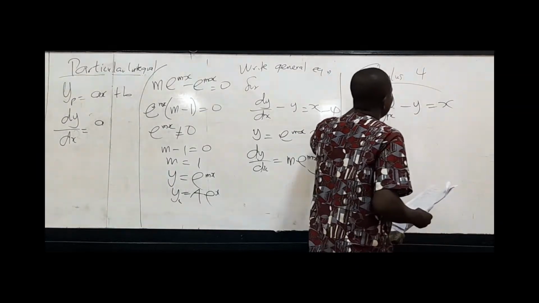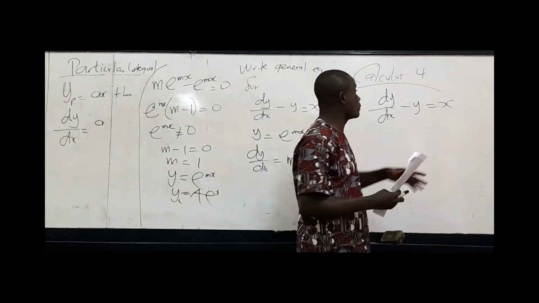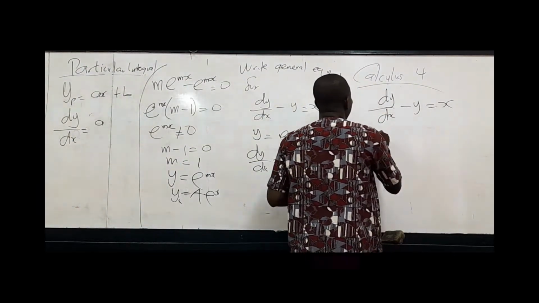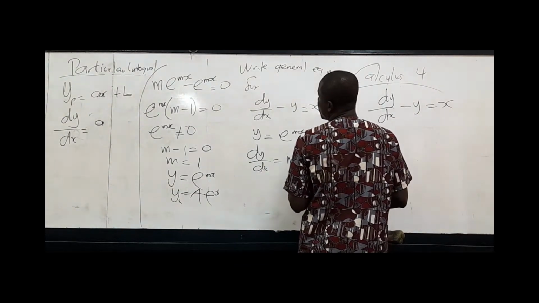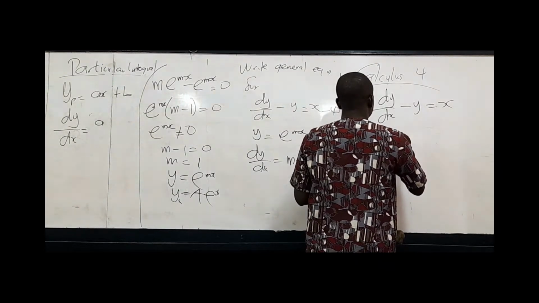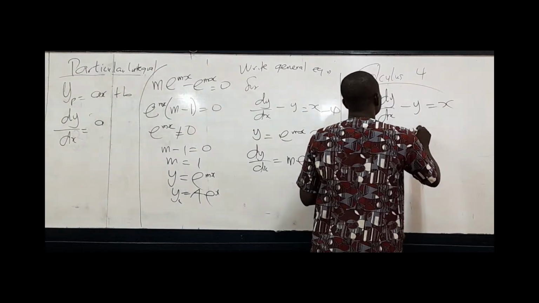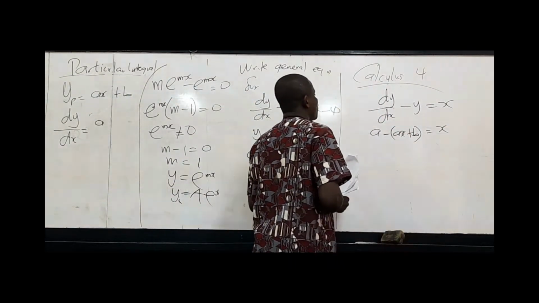In this case, you maintain the x here. What is our dy/dx in this regard? Our dy/dx is a, minus y. What is our y? Our y is ax plus b, okay, is equal to x.